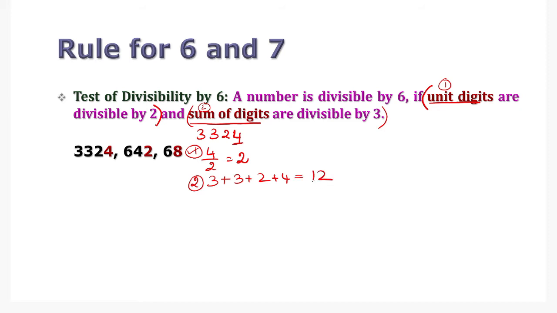And then we have to check whether the result is divisible by 3. So 12 divided by 3 is equal to 4. Yes, it is divisible because we are getting a whole number and the remainder is 0. So we could conclude that 3324 is divisible by 6. So we can write a yes here.